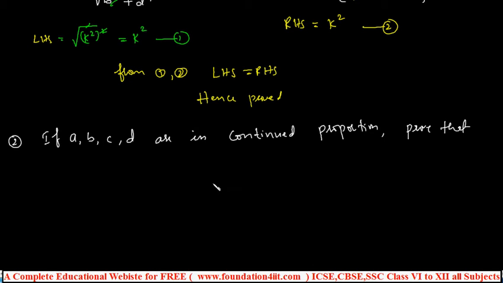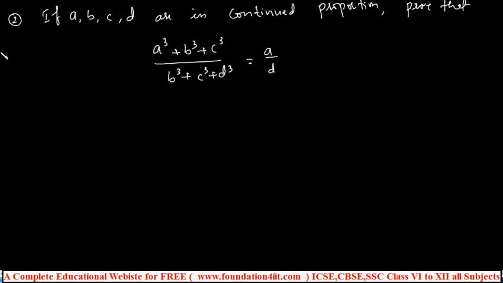If the question is A cube plus B cube plus C cube divided by B cube plus C cube plus D cube is equal to A by D. So A, B, C, D are in continued proportion, but A, B, C is the numerator and B, C, D is also the denominator. Some are combined. So like these problems, use the same K method.